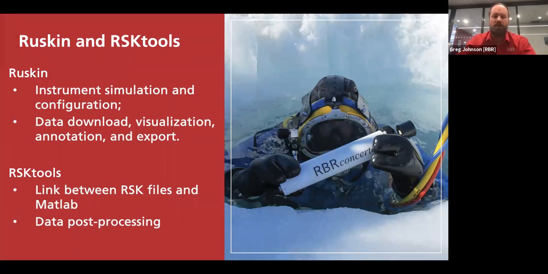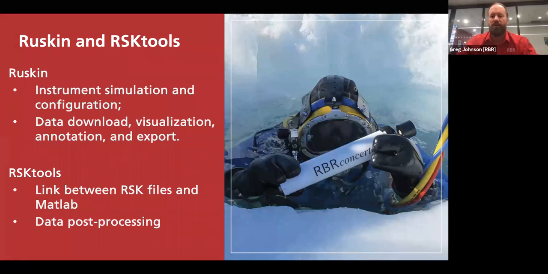RSKtools is a MATLAB toolbox designed to read the files that are downloaded from your instrument. Ruskin will download the instrument and produce an RSK file on disk, and RSKtools allows you to do the post-processing easily. It's also a good example of how to do post-processing on our RSK files in any language, not just MATLAB.